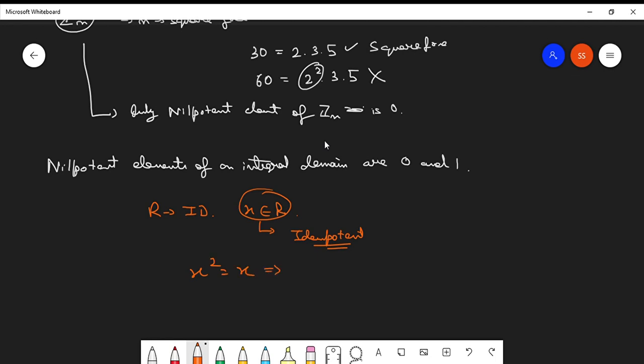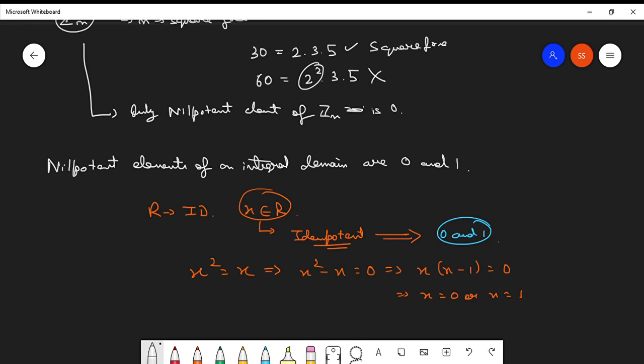From here we can write x square minus x is equal to 0, so x times (x minus 1) is equal to 0. And from here we can write x is equal to 0 or x is equal to 1. So the idempotent elements of an integral domain R are 0 and 1. Is that clear?